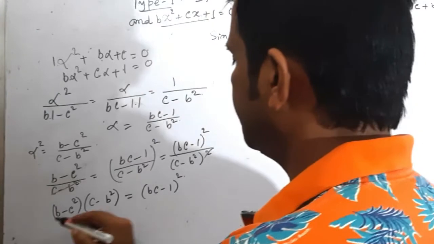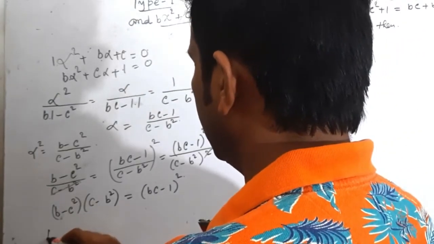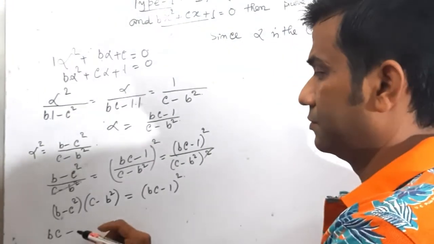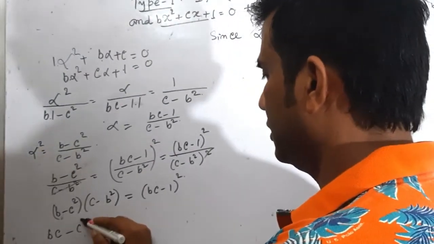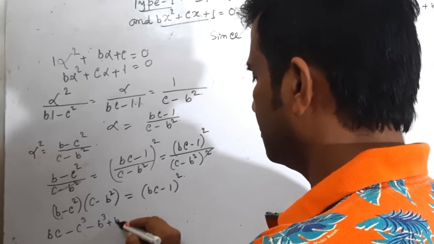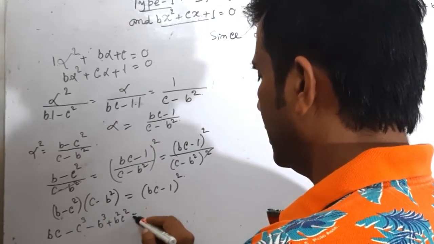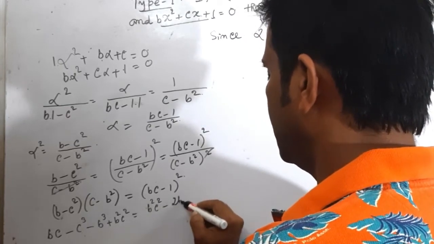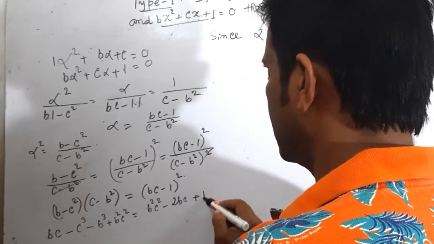So multiplying, we get bc minus c cube minus b cube plus b square c square, and this is equal to b square c square minus 2bc plus 1.